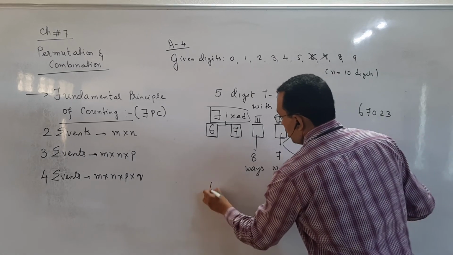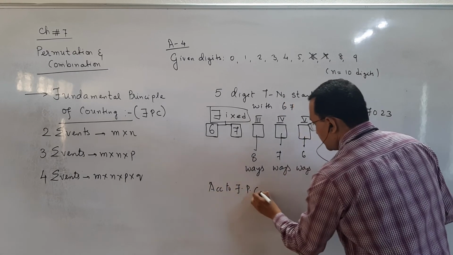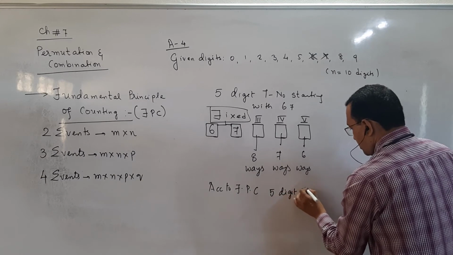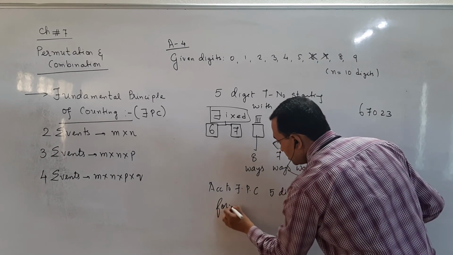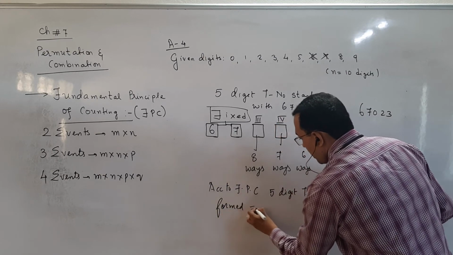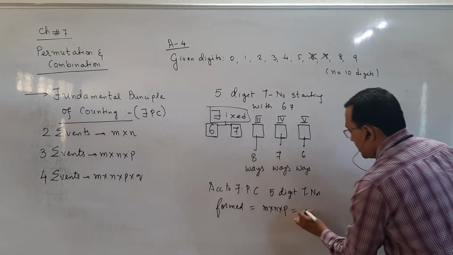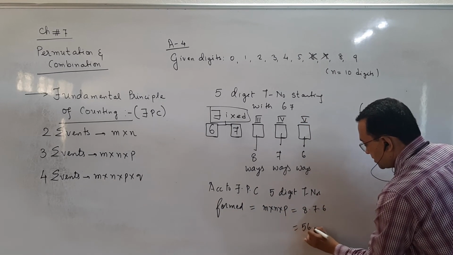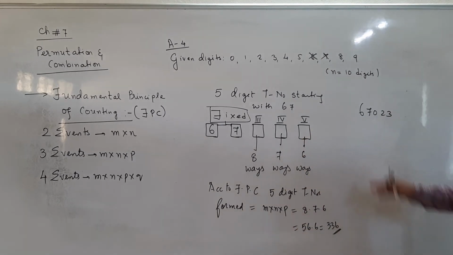So according to the fundamental principle of counting, the 5 digit telephone numbers formed are 8 into 7 into 6, so 56 into 6, so 336.